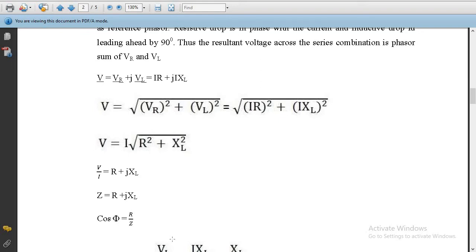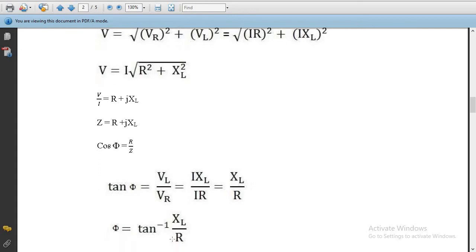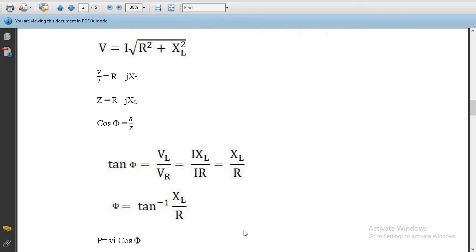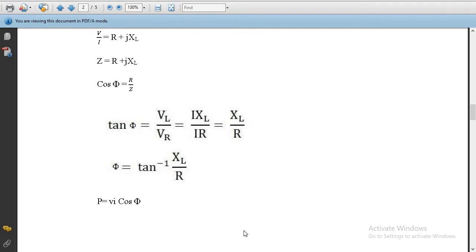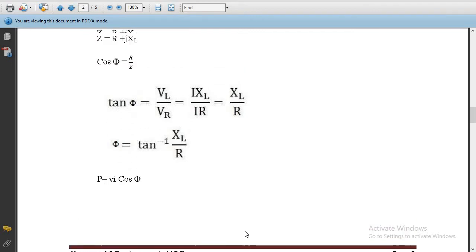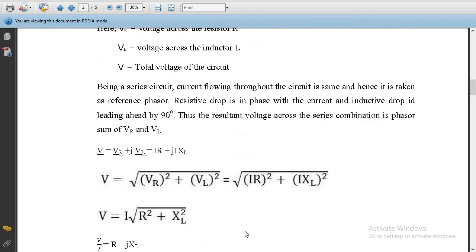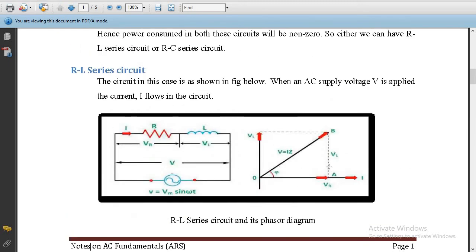Again, cos phi will be equal to R by Z, tan phi will be equal to XL by R, or phi can be equal to tan inverse of XL by R. You can see this from the impedance triangle. Now what is the impedance triangle? Let me come back to this diagram.